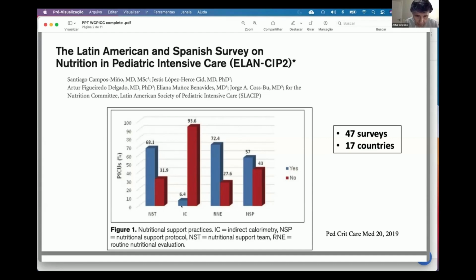Only 6.4% had indirect calorimetry. 72% of the intensive care units had routine nutritional evaluation, but only 57% had nutrition support protocols.